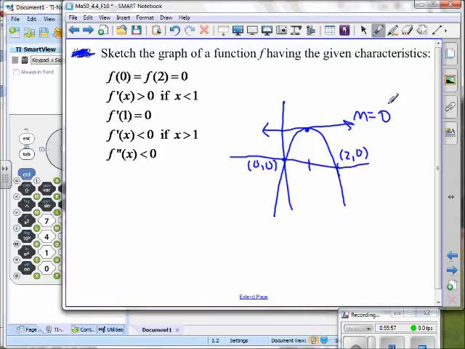The first derivative is less than 0 if x is greater than 1. What does that indicate to us? On the right-hand side, it's decreasing when x is greater than 1. Okay, because the derivative is negative. And the second derivative is less than 0. What does that indicate to us, Kaylee?